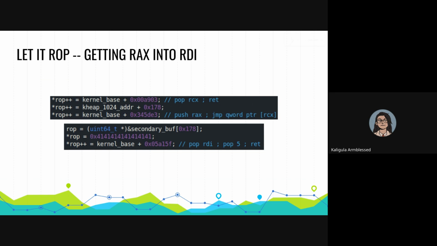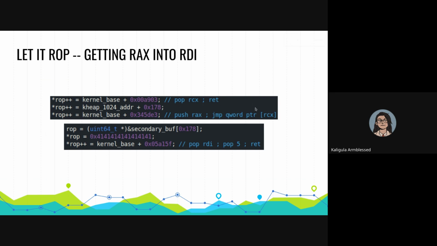So the way I like to do this is by a DROP again. In this case, my DROP gadget is push RAX; jmp qword ptr [RCX], right? So I first put what I want into RCX here. So for example, this heap 1024 plus 0x7178, this is actually this, which is my next gadget. And then I'll do a push RAX, which will push the value from prepare_kernel_cred onto the stack.